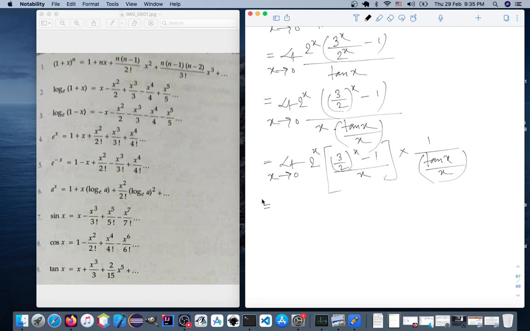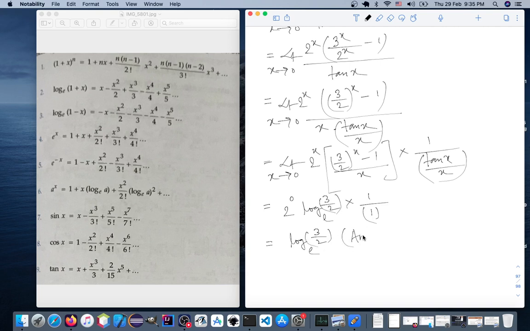So let's now apply the standard result and substitute the value of x tending to 0. We get 2 to the power 0, and this will become log e 3 by 2 into 1. So this becomes eventually log e 3 by 2.